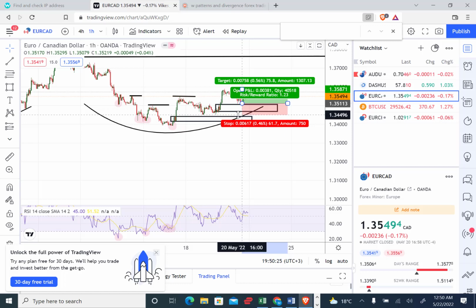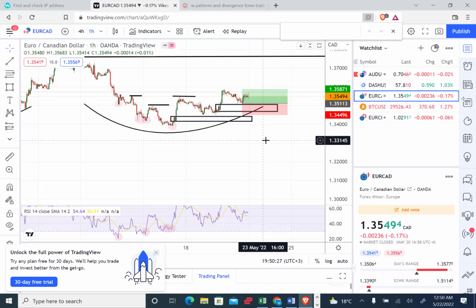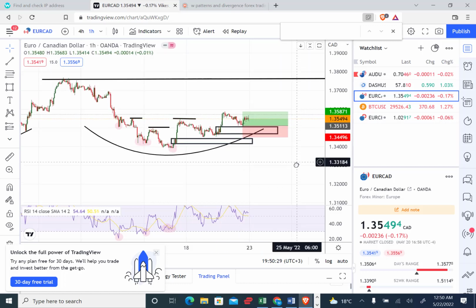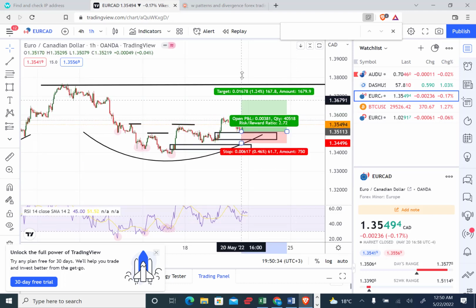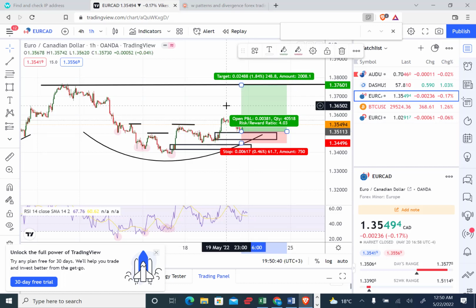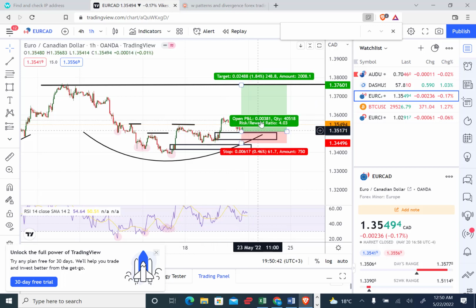But I do like putting my stop losses below the swing low or swing high. Yeah, and so that is 1:4.